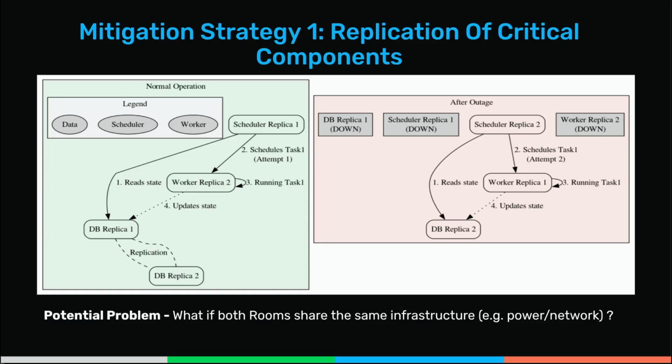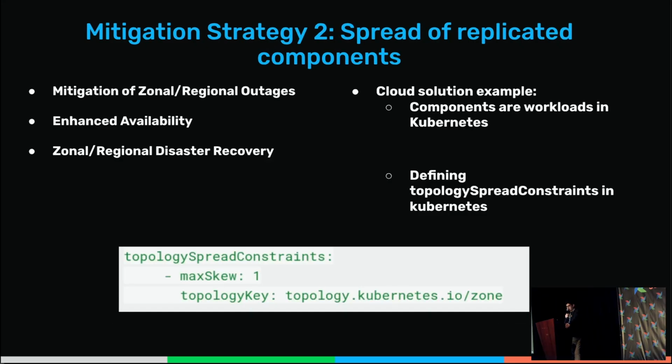But what if the 2 rooms are sharing some bigger infrastructure? Now the 2 rooms become 1 failure domain, not 2. That brings us to the second part, which is how you could think of spreading those replicas. It might be different depending on the scale of your configuration or the use case, but you should be able to define what the critical infrastructure is that you don't want anything to be prone to, and separate this into 2 failure domains.